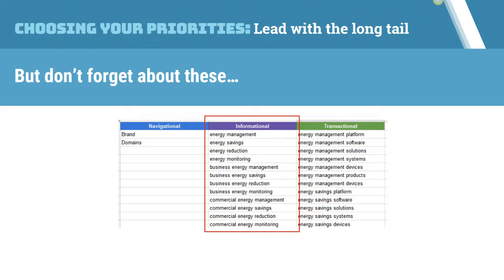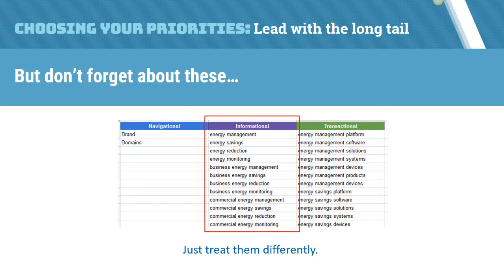Because if you establish a connection with them at the top of the funnel, when they're ready to look for a platform or software or solution, they might not even do that query because they've already gained trust in you through your other content. You've already established that connection. So ultimately, you don't want to forget about these keywords.